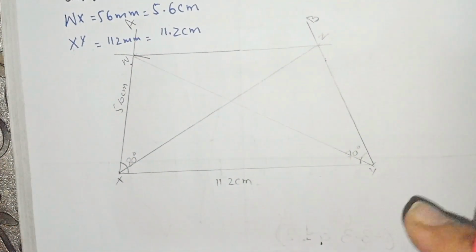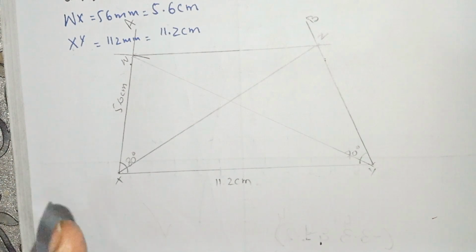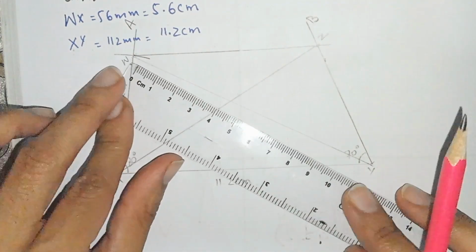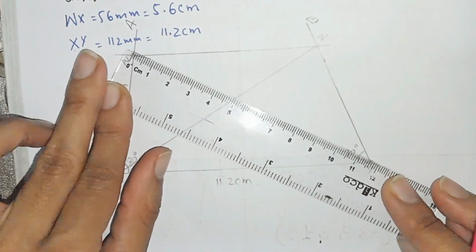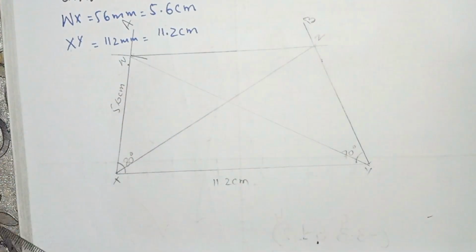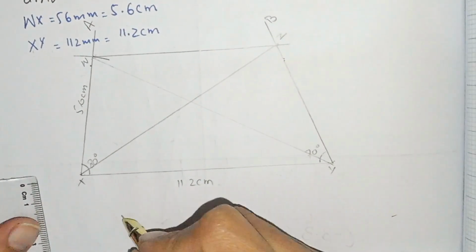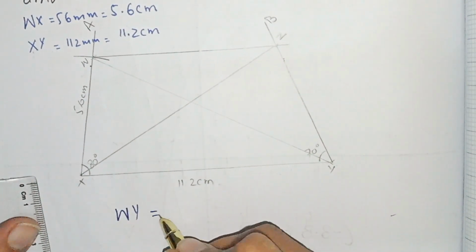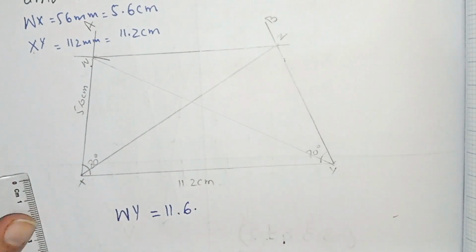Now we have to measure it. The WY is equal to 11.6. WY is equal to 11.6.